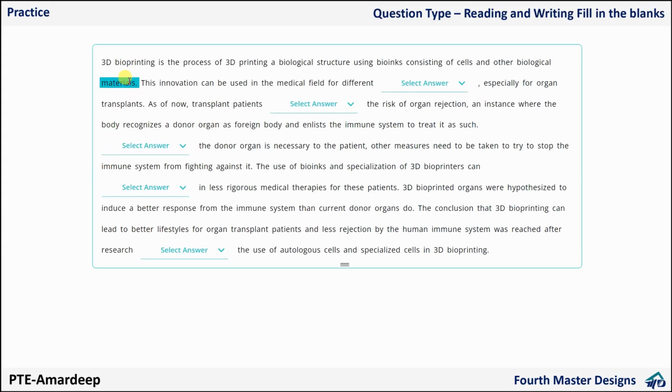The first one for us is: 3D bioprinting is a process of 3D printing a biological structure using bioinks consisting of cells and other biological materials. This innovation can be used in the medical field for different, okay, we have transplant patients, organ, so it means it is related to medical technology or field. Now, this innovation can be used in the medical field for different organ transplant, meaning some kind of transplant operation for different purposes, processes.